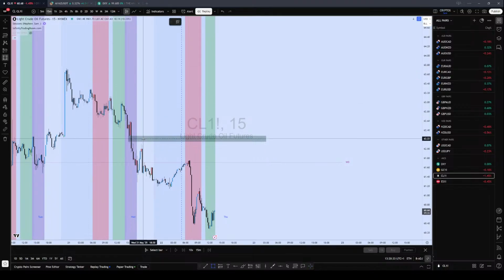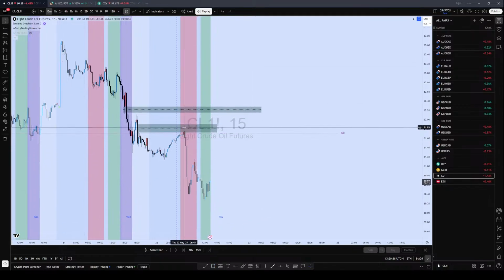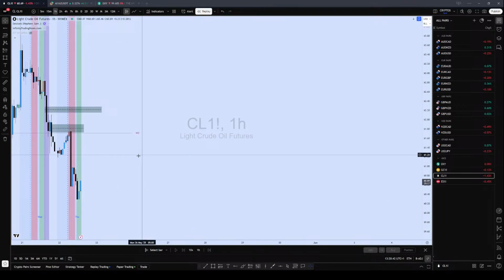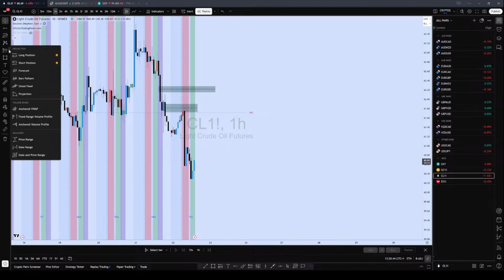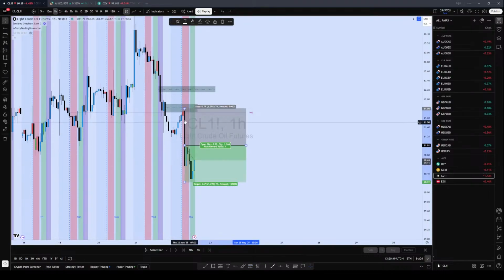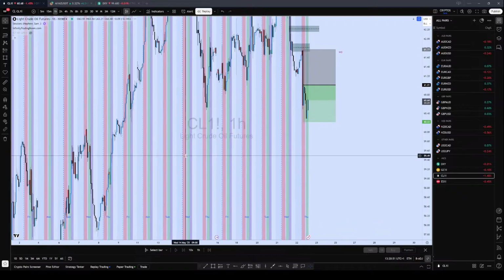They used the one that formed here, so I woke up to see the drop, hence this was the entry that I got, selling this, my stop loss, and I'm targeting somewhere down here.